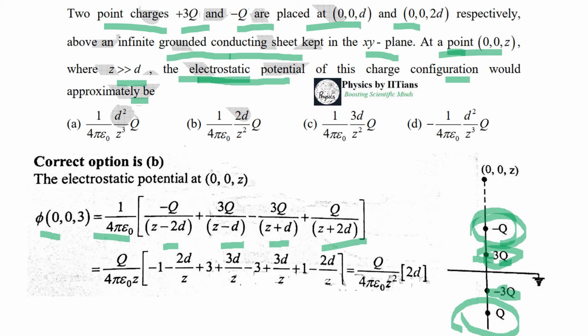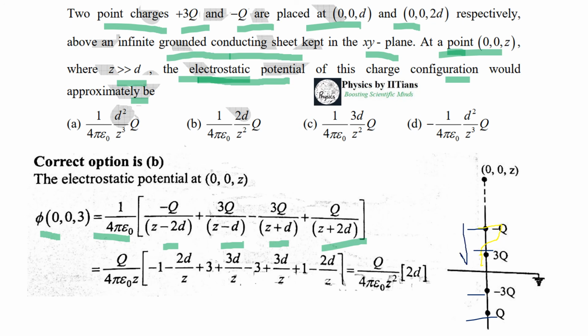Okay. So let us take what the coordinates are. Let me erase it out. This is 0,0,d. This one is 0,0,2d. This is 0,0,minus d. This is 0,0,minus 2d. So for the first, there will be minus q.